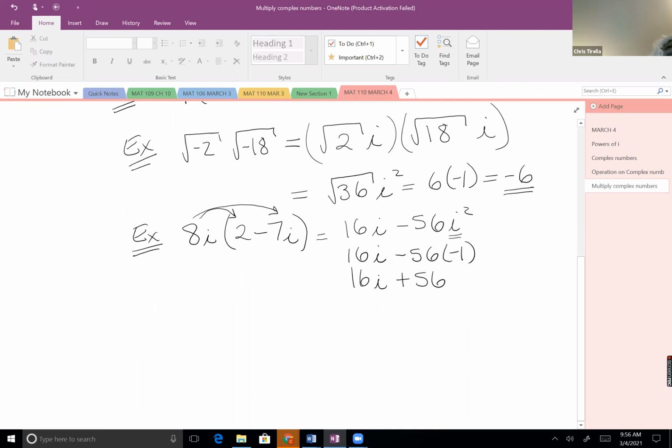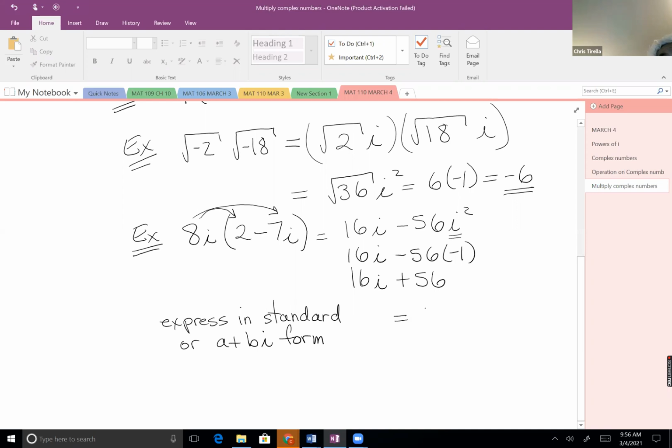And usually in my labs, that's correct, but they're not going to accept it in that way because they usually ask you to express either in standard form or in a plus bi form, which means they want the real part first and the imaginary part second.